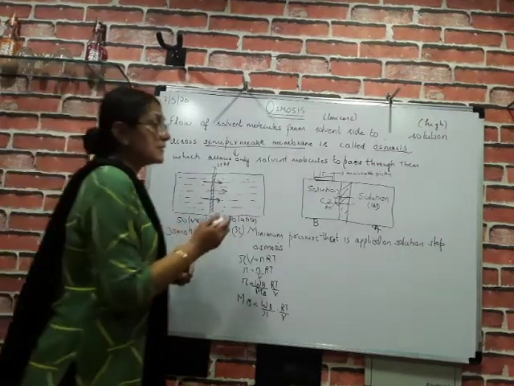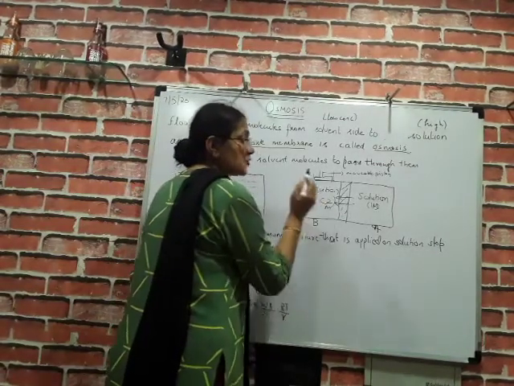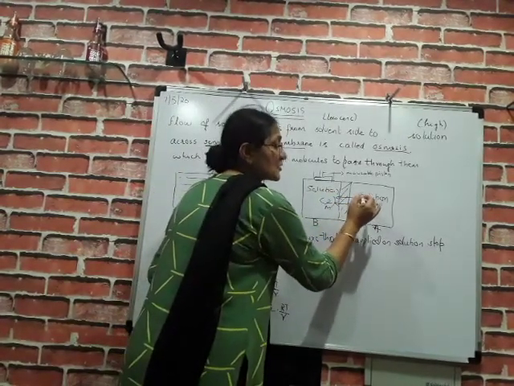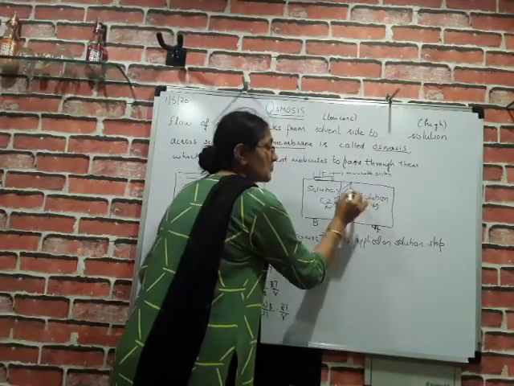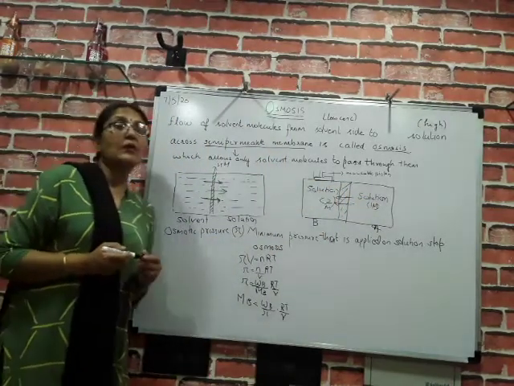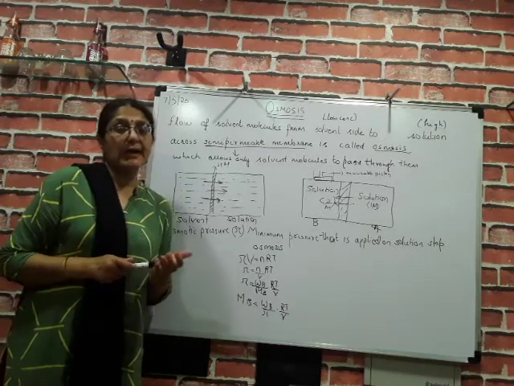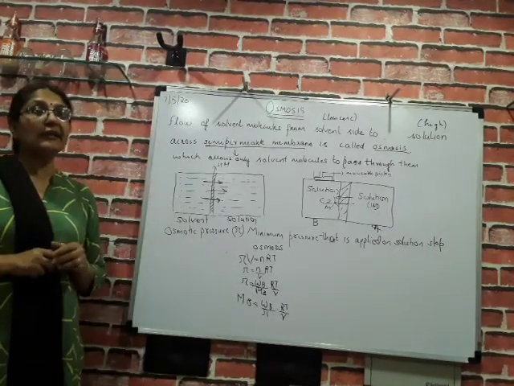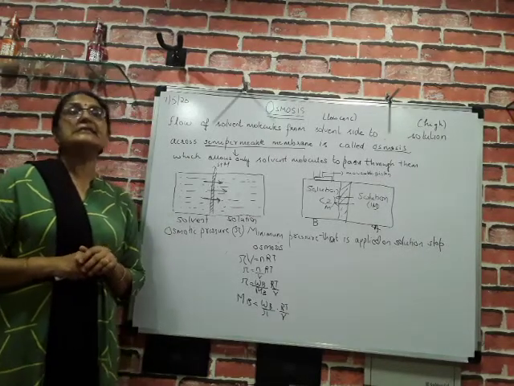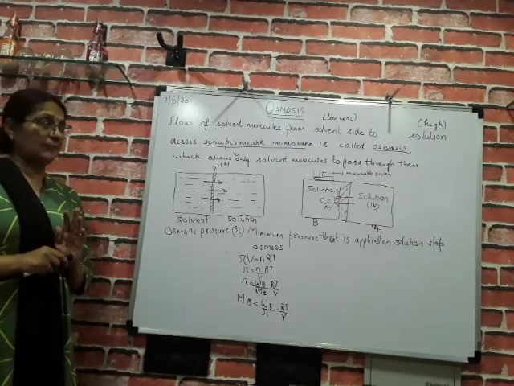So the more concentrated solution is 2 molar, and hence water molecules or solvent molecules move from solution 1 to solution 2, and this is called osmosis. I am pretty sure now you will be very clear what is osmosis and what is a semi-permeable membrane.